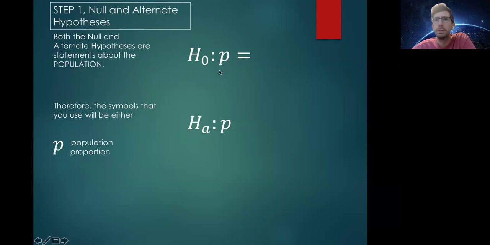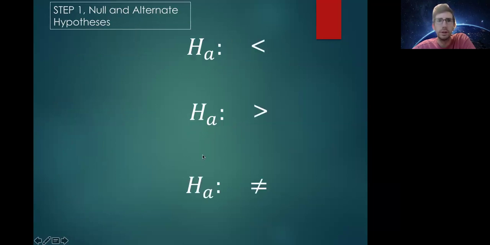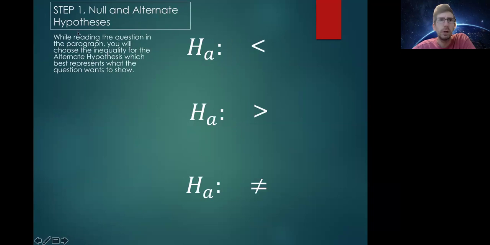The population proportion is a P, and our population mean is this mu, right? So we're not putting p hats or x bars. We're not talking about our samples. We're talking about the population here. So notice this is still step one. We've got 6 steps to go through.